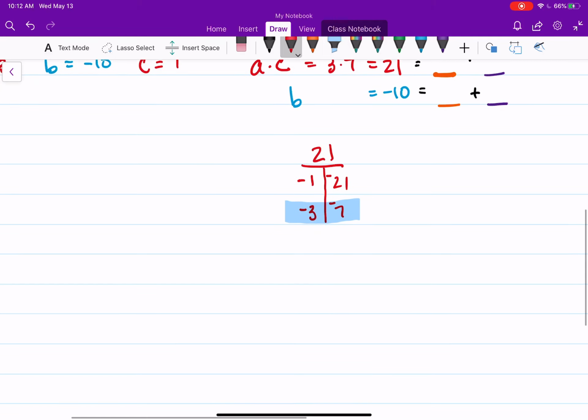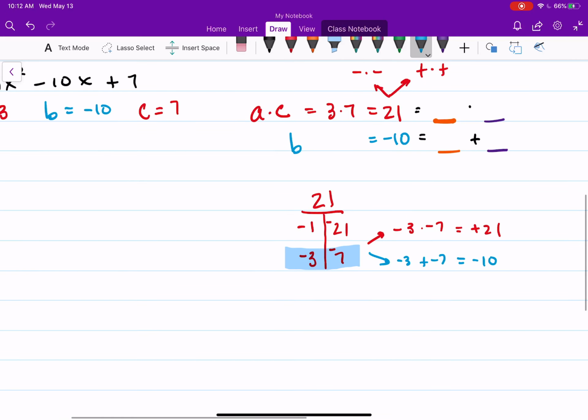Again, negative 3 times negative 7 gives you positive 21, but negative 3 plus negative 7 gives you negative 10, which is exactly what I want. So my numbers are negative 3 and negative 7.